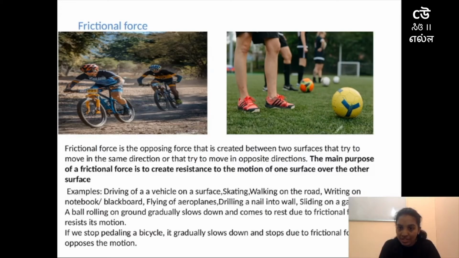What is this frictional force? For example, here we have a ball, and the ball is on the ground. When one object is in contact with another object, all these objects are made up of molecules, and the surface will have some irregularities.